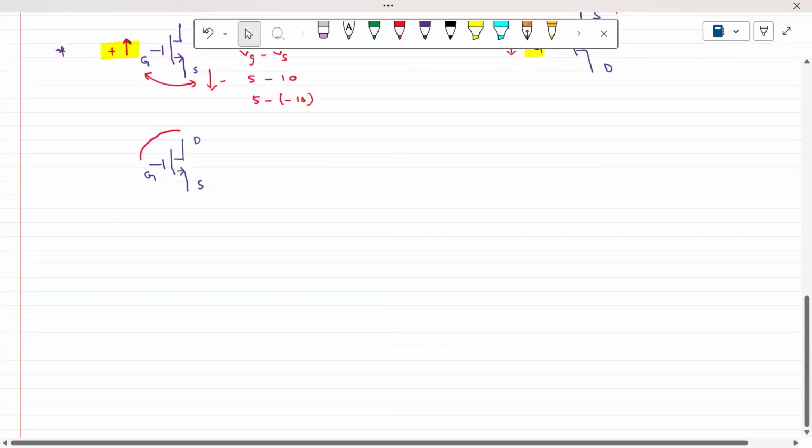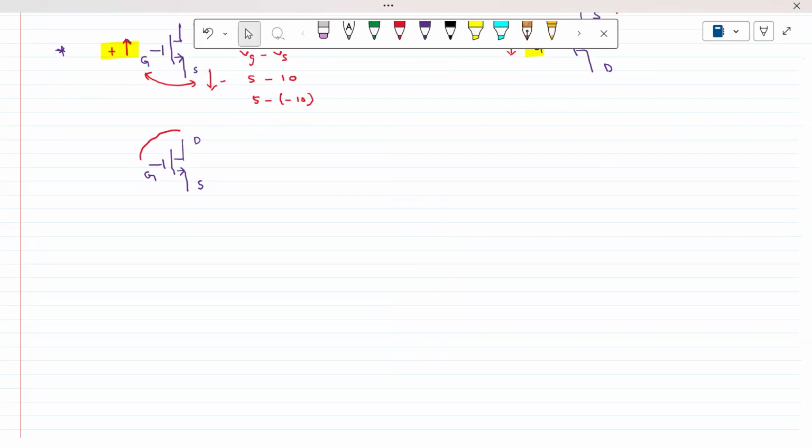Okay. Now, can you tell me, if we want to operate in saturation, then what do you have to do? What is the drain? So this is also a positive quantity. This is also a positive quantity. But what do you have to do?